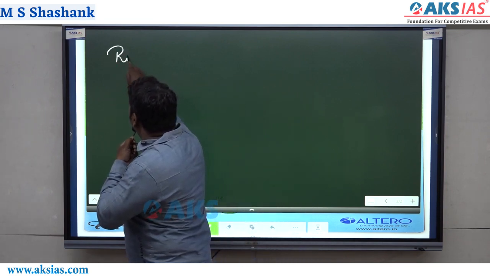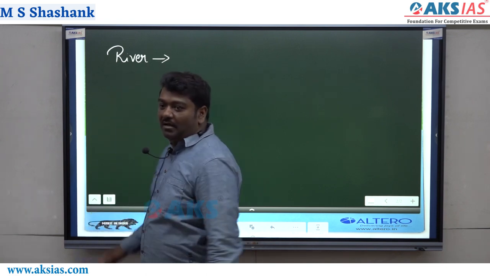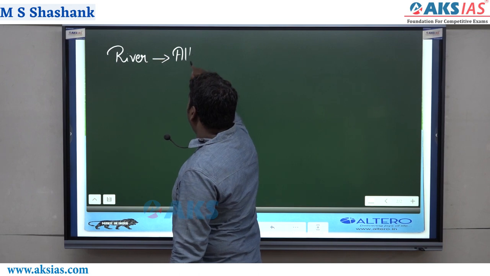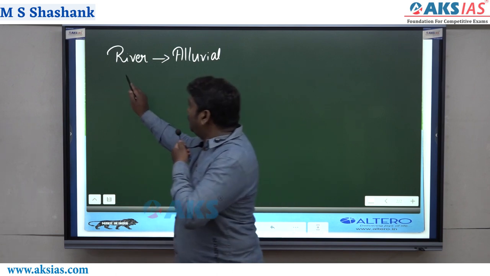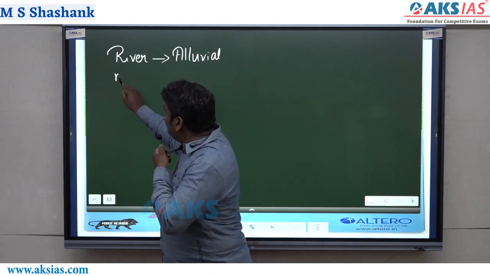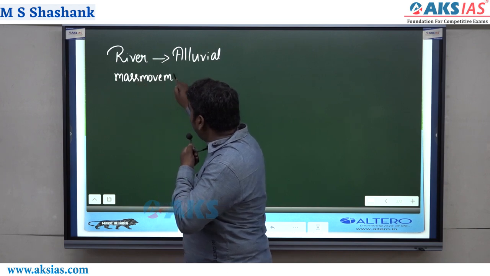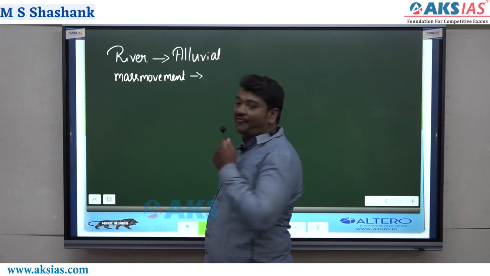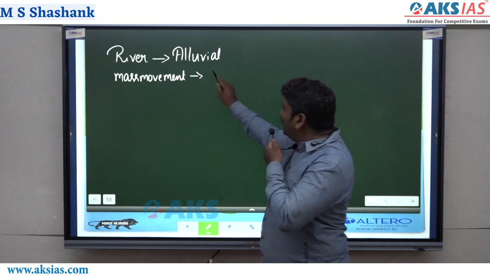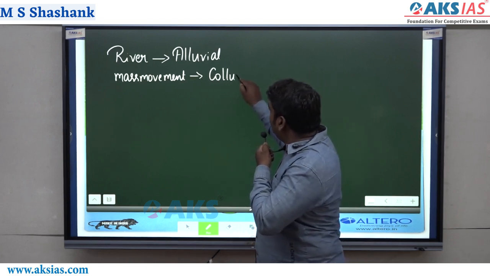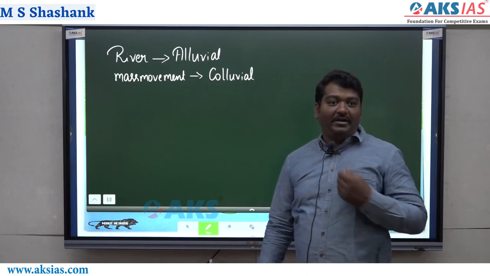Whenever a river deposits anything, it is alluvial soil. But remember, due to mass movement, that is due to gravity, if the soil settles at the bottom of mountains, it is called colluvial, right?